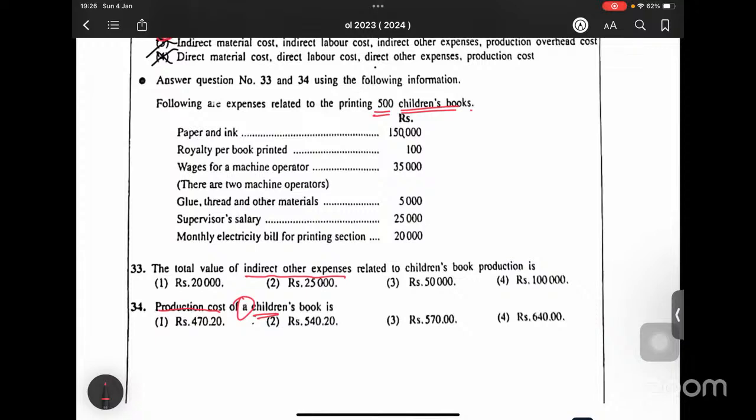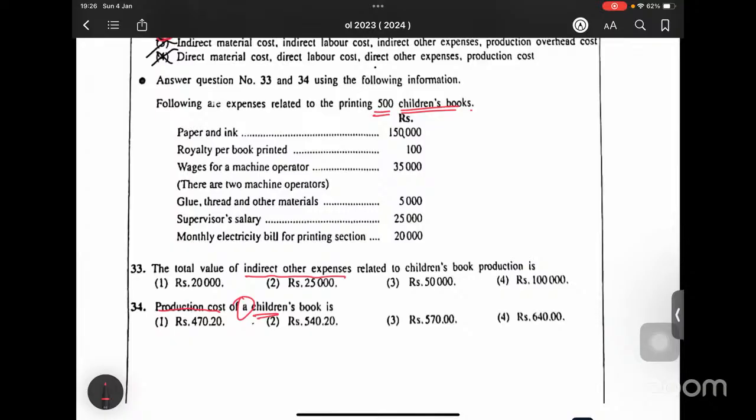Okay. Paper and ink used to produce a book. What is it? Direct material, direct labor, or other direct costs? Other direct, indirect material?